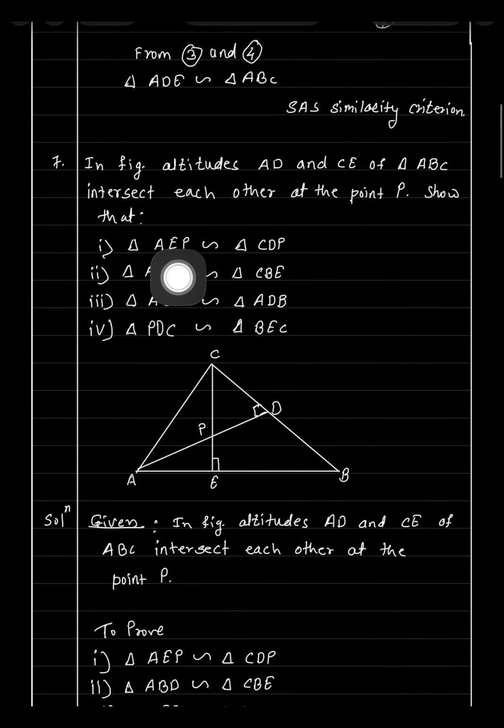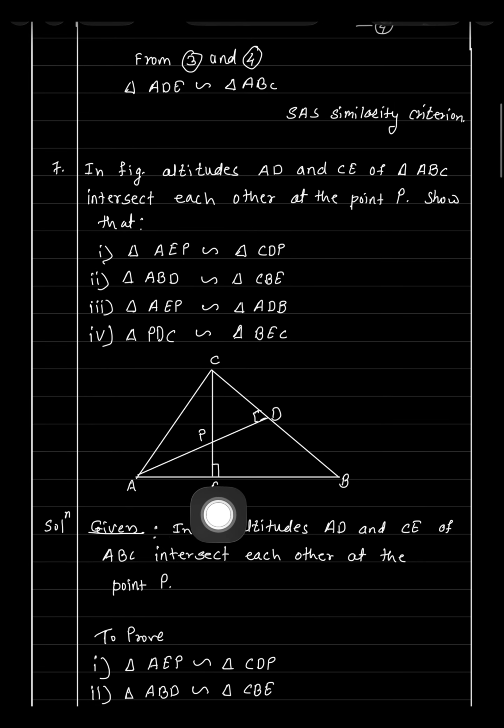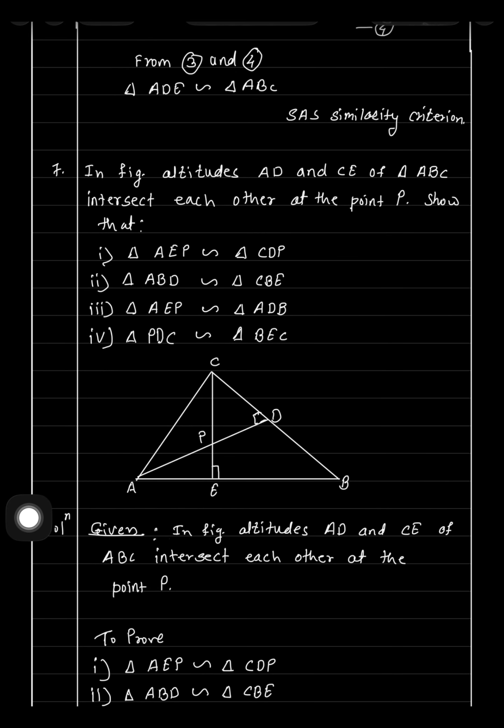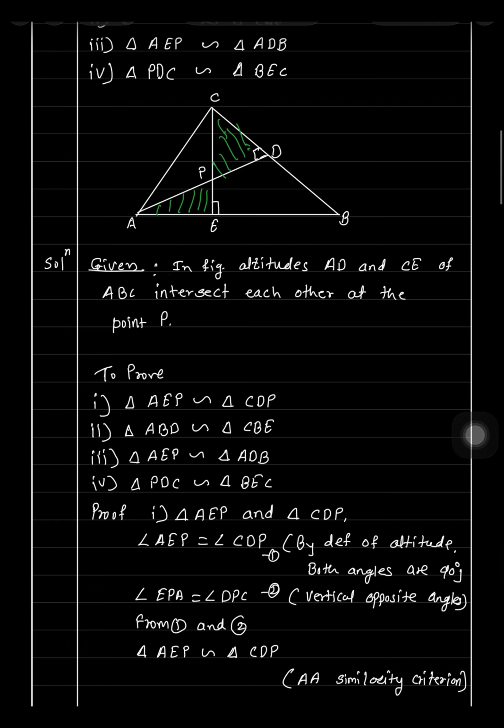Then what is the first? Triangle AEP, this small triangle, and triangle CDP. We have to show these two triangles are similar. Very simple. We consider triangle AEP and triangle CDP.